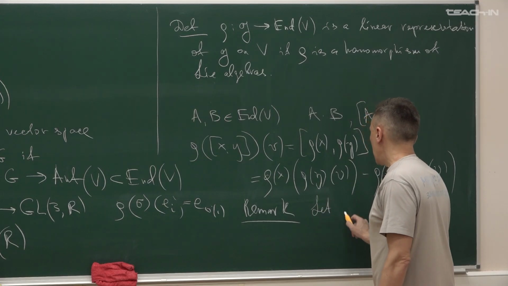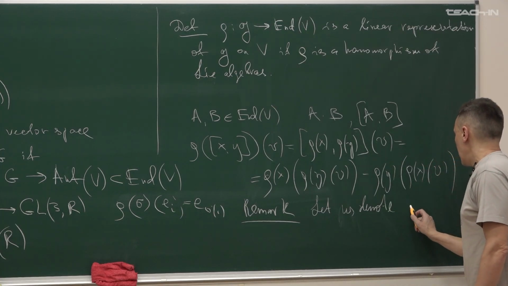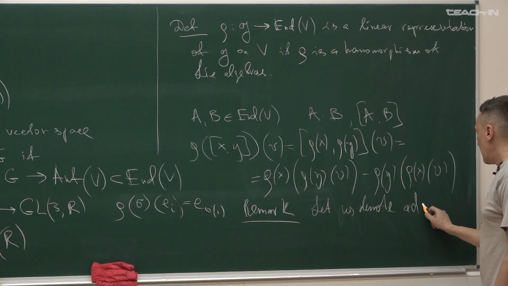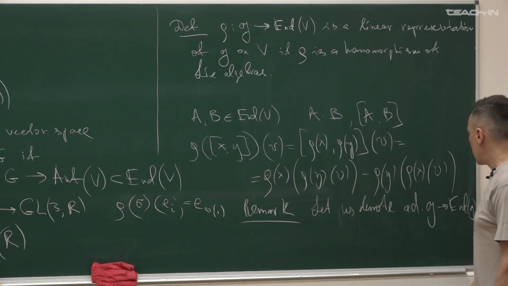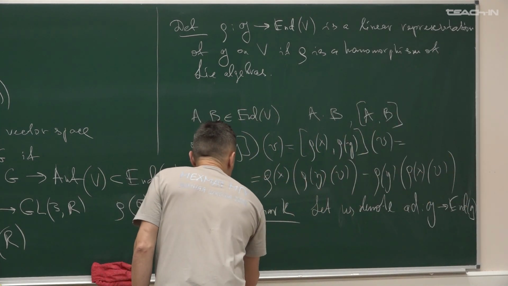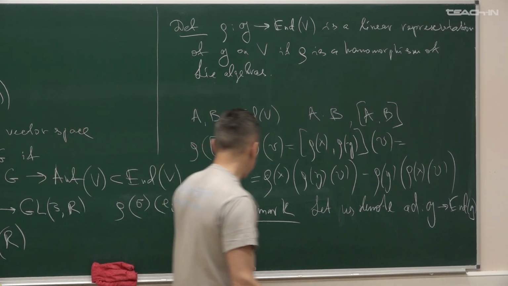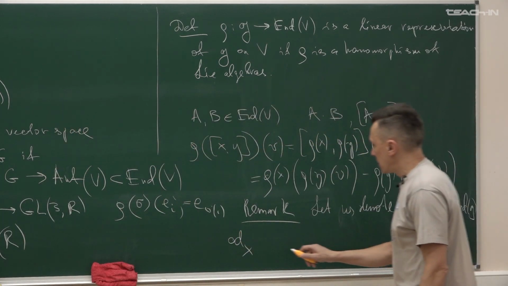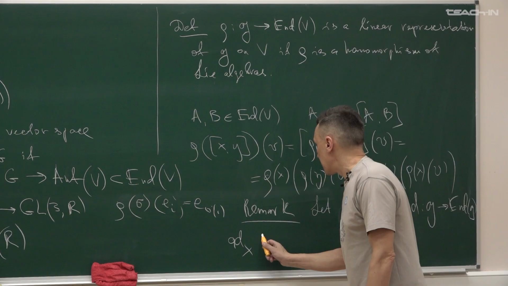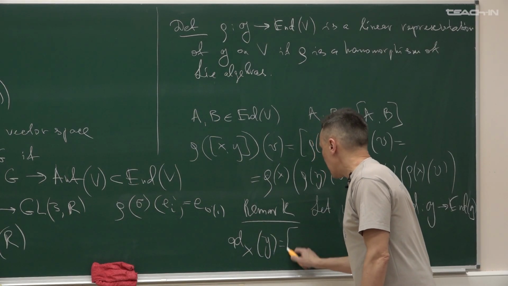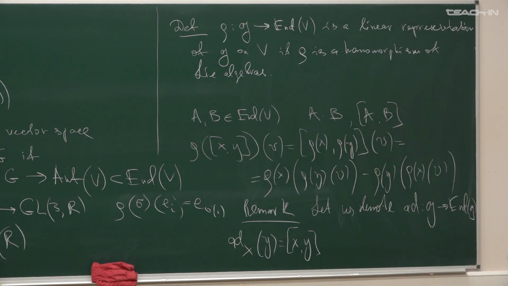Let us denote the map as ad, the map from g to End g, which is defined as follows: for an element x of this Lie algebra, we construct a linear map on the Lie algebra by the formula ad x (y) = [x, y].